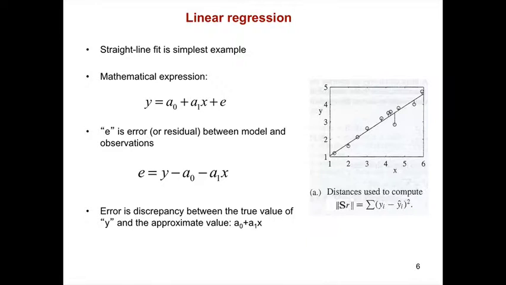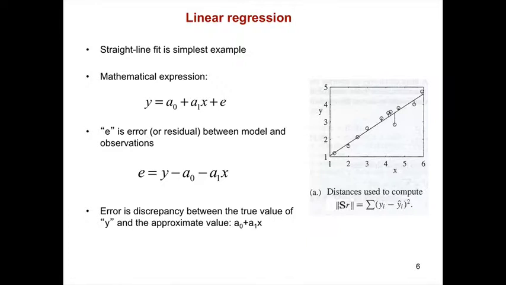So assume I have a bunch of points. I want to fit the line. A line is described by 2 parameters, and here I'm calling them A0 and A1. So basically y is equal to A0 plus A1x describes the line. I'm looking for A0 and A1 that fit this data well.